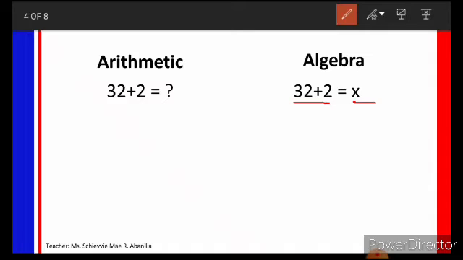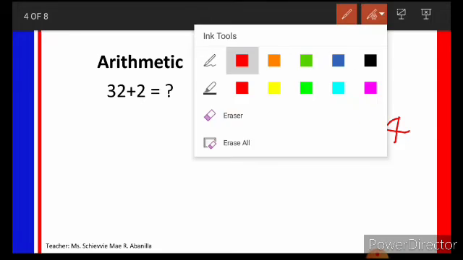Dapat equal sila kasi meron tayong equal sign. So, ibig sabihin, pag in-add natin si 32 plus 2, this is 34, should be equal to 34. Dapat.